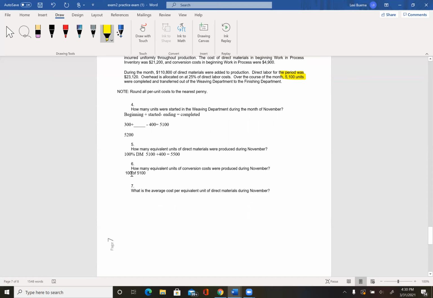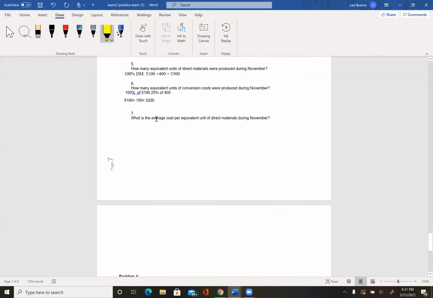And then you're going to have to take 25% of the 400. The reason why you take the 25% is because it's only allocated 25% of the direct labor costs. So doing that, you're going to get the 5,100 plus 100, and that's going to give you 5,200 for your conversion costs.